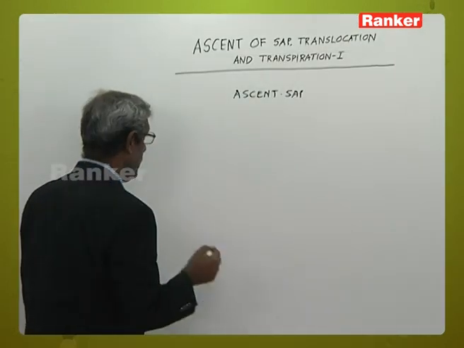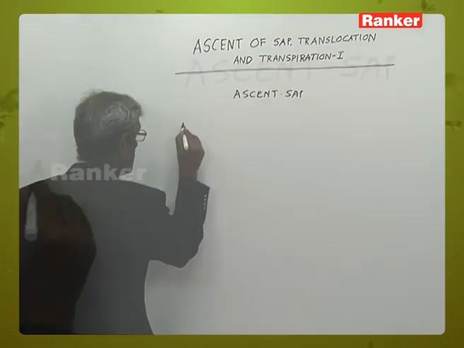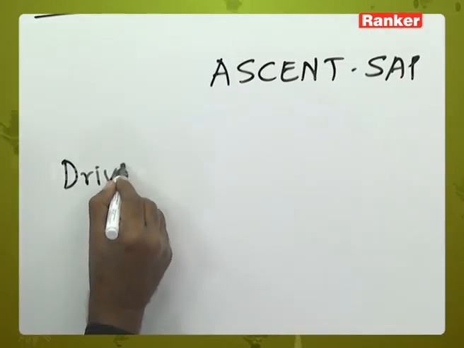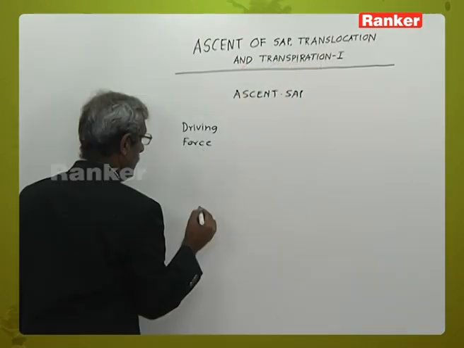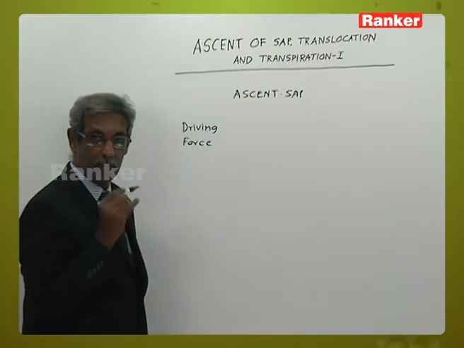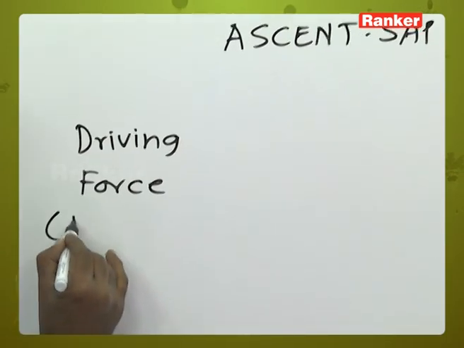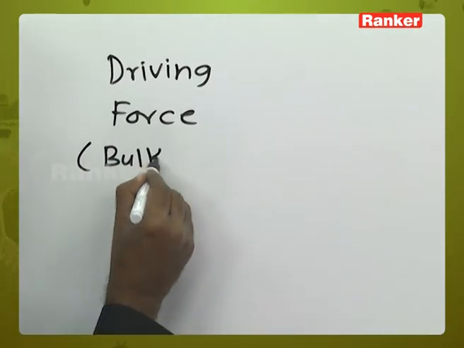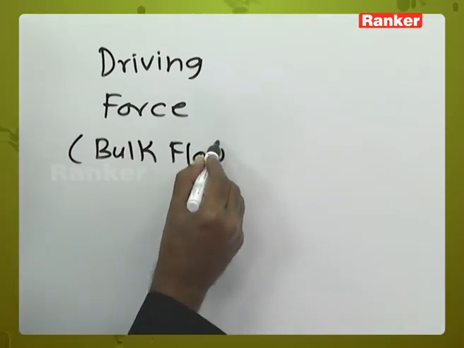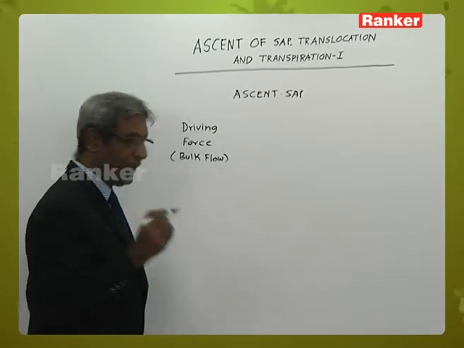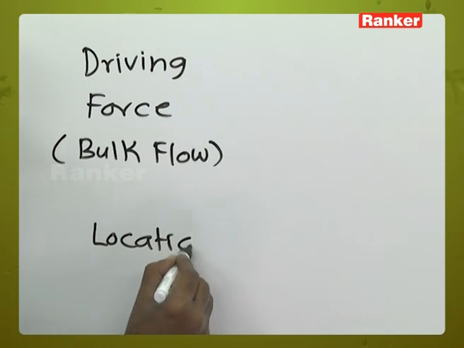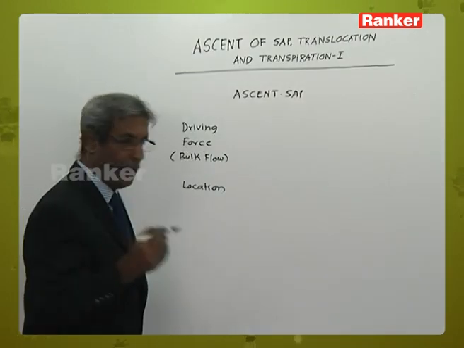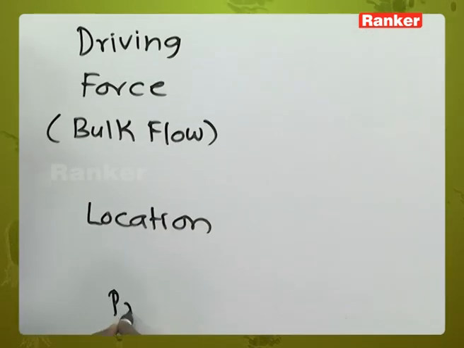Here, if we look at the driving force, we have a driving force, especially in terms of bulk flow. Then again we have the location where it is present, and third we have the pressure potential of the sap.